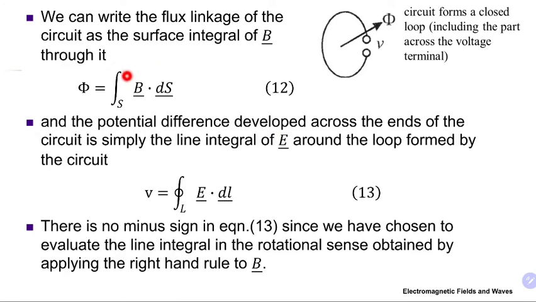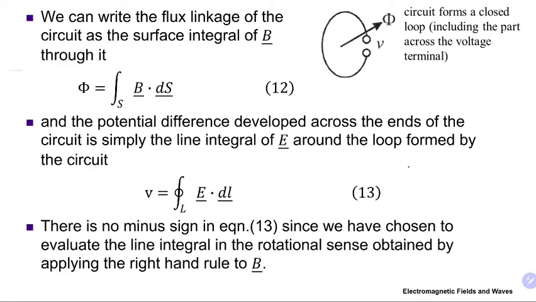So integral over the surface of B, and the potential difference developed across the ends of the circuit is simply equal to the line integral of the electric field around the loop formed by the circuit. V equals the closed loop integral of E dl.